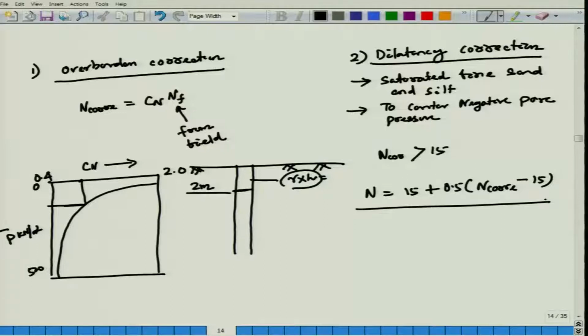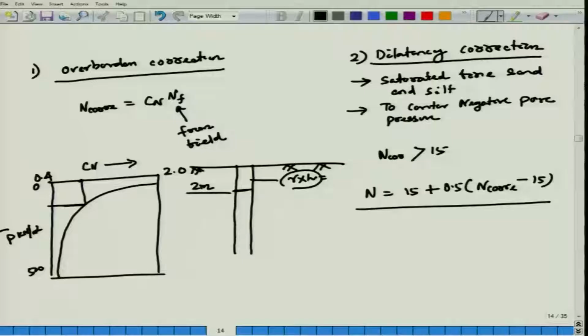This is your dilatancy correction, provided you look at the two conditions. So there are many correlations available, directly you can get the phi value from your N corrected.